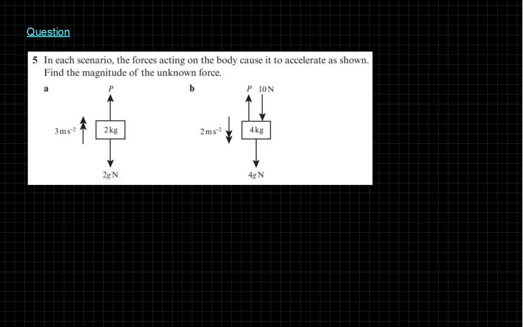In this one, all you're doing is using F equals ma, finding resultant forces. You're given the acceleration, you're given the mass, find the resultant force, find the missing value. Give that a go, pause the video now.